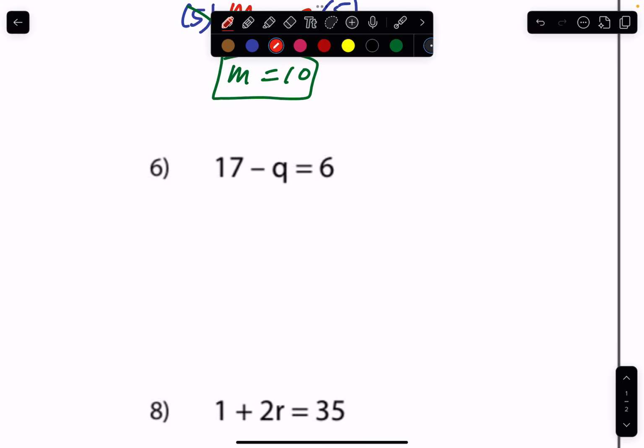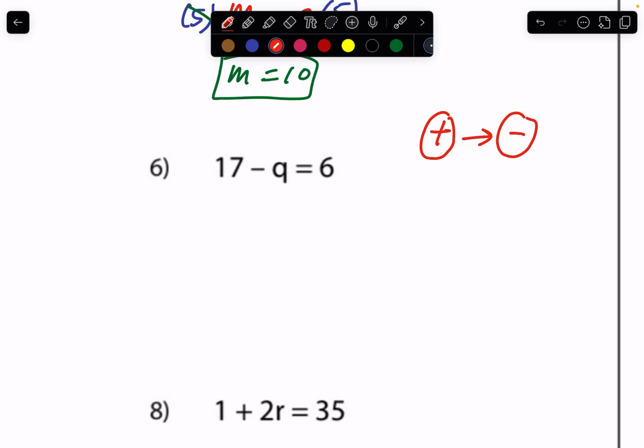Here we have 17 minus q equals 6. Now this is where I was saying that the opposite of positive is negative. The reason why I said that is because if I have a number by itself, I need to do the inverse of that. And there's no negative sign, so you have to assume that this is a positive number. And when I say assume, it really is a positive number. So if I have 17, how can I get it away?